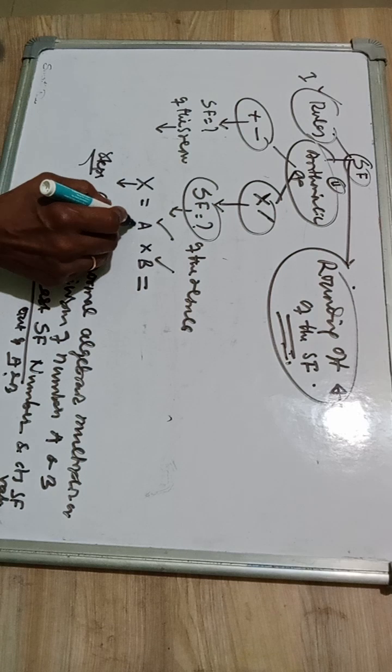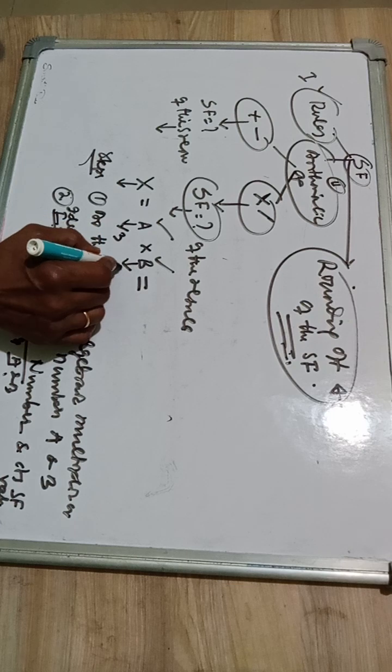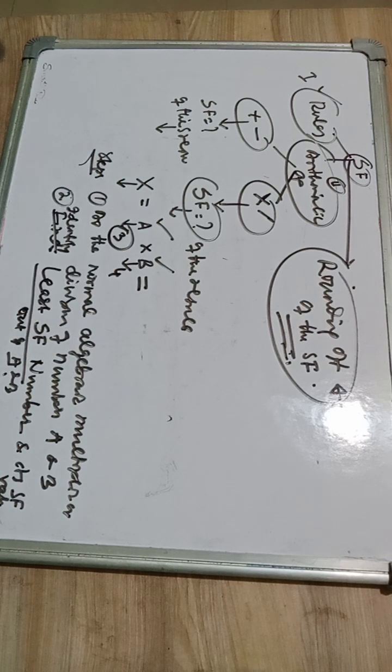We have two numbers a and b. Suppose a has significant figure 3 and b has significant figure 4. That means a has the least significant figure, or less significant figure than b. Then implement this significant figure value of the least significant figure in the final result.